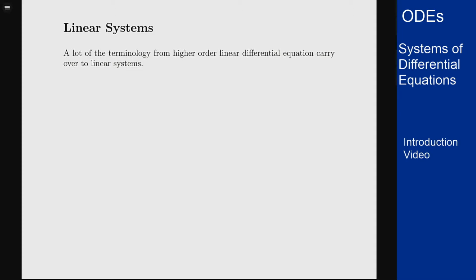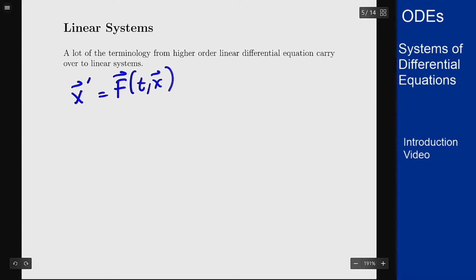So if we go from our general system, which was x prime equals vector function f of t and x, if this is linear, it means the dependence on x is linear in terms of the function f here. That means that I can rewrite this as x prime equals some matrix function A of t multiplied by the vector x, plus a vector function g of t.